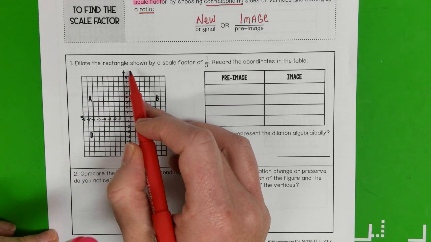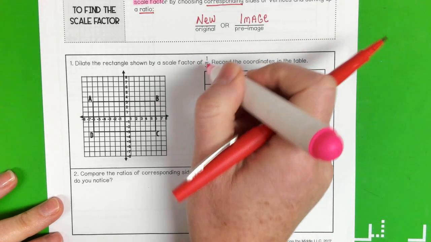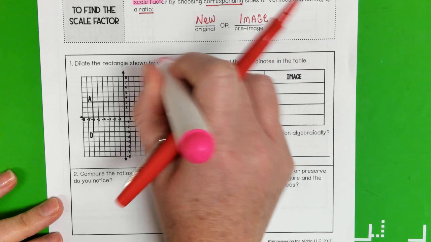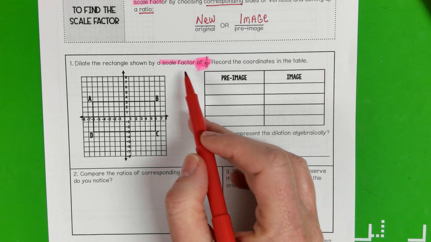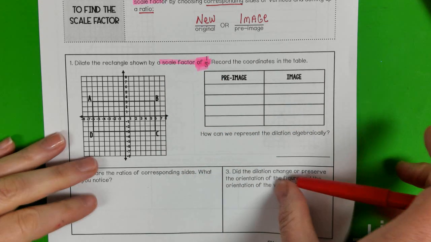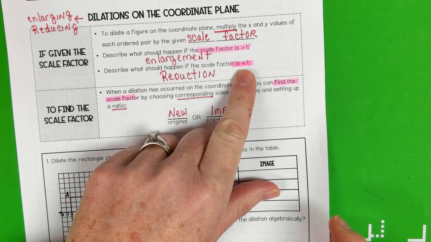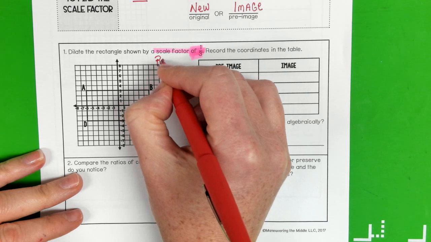Looking at this example, it says dilate the rectangular figure, or rectangle shown by a scale factor of 1/3. Record the coordinates in the table. If we have a scale factor of 1/3, that is less than 1, right? So that means this is a reduction. I just want us to take note of that.